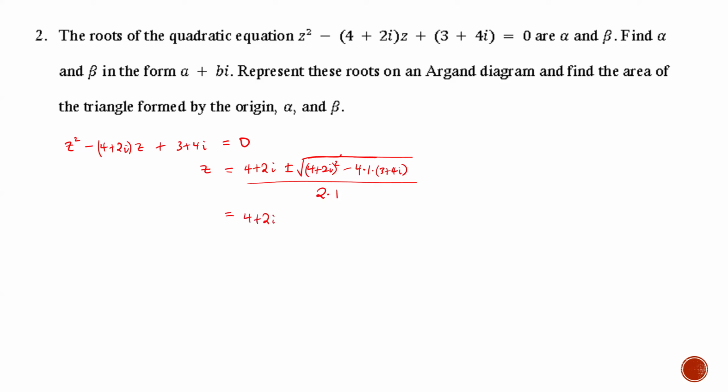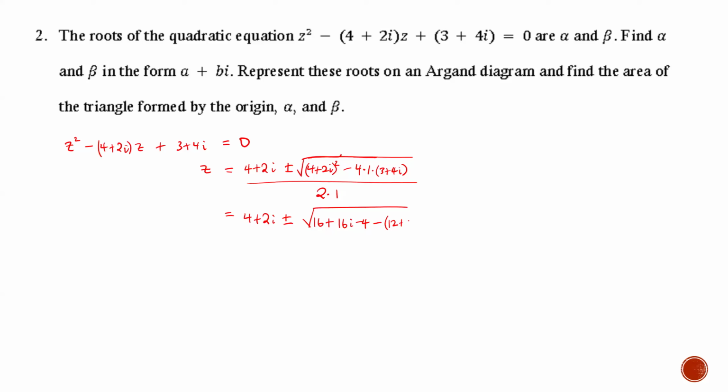This is plus or minus the square root of, when we square 4 plus 2i, we get 16 plus 4 times 2 is 8, so plus 16i. But then when you square 2i, you get minus 4. And this is minus 12 plus 16i when you multiply it by 4.